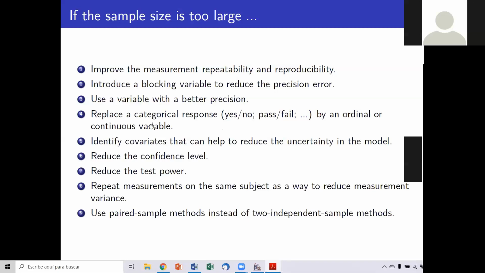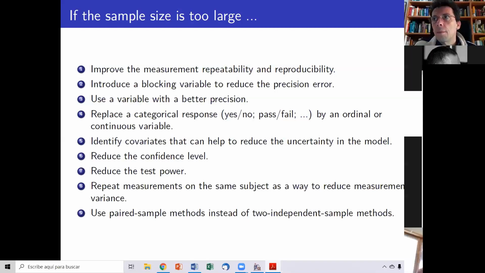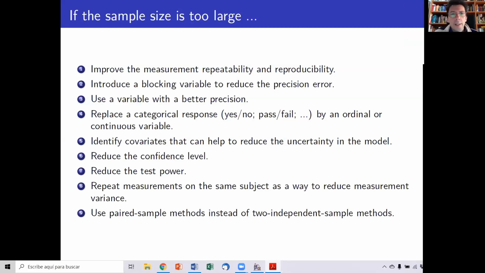If you can use more informative variables, so a continuous variable, that is normally the ones that we have in biomedical research, like what is the average of whatever. So that is the most informative variable, but there are other variables like is this feature present, yes or no. So yes or no is a categorical variable, and it has much less information than a continuous one.